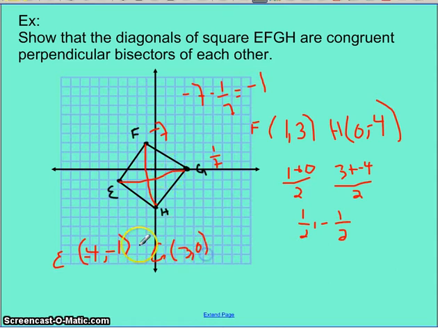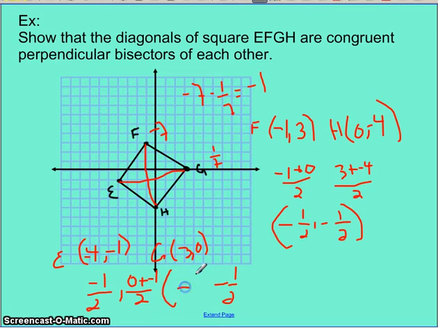So again, instead of learning some big long formula, we just add the x's together, which is going to give us -1 divided by 2, giving us -1/2, and then add the y's together. It's going to give us a -1/2. By the way, F was at a negative, making that a negative. So their midpoints are going to be -1/2, -1/2, so they're going to be the same, making them the perpendicular bisectors of each other.